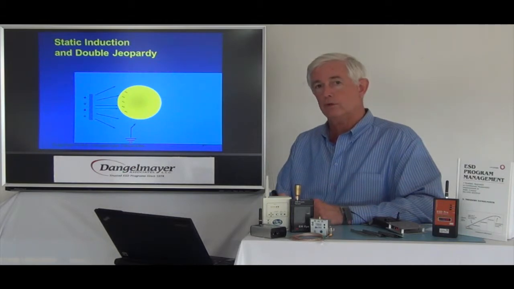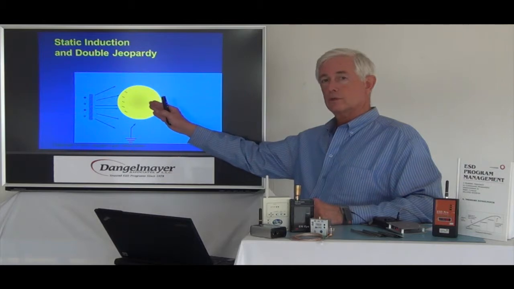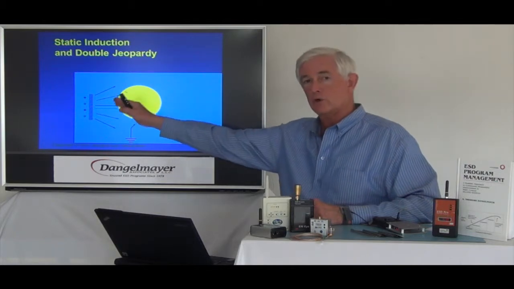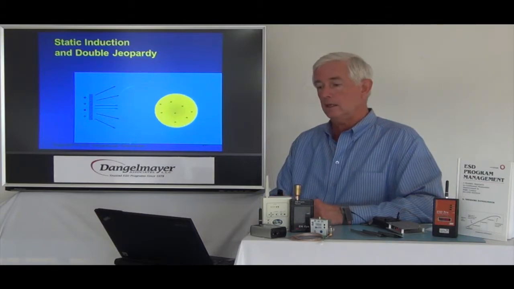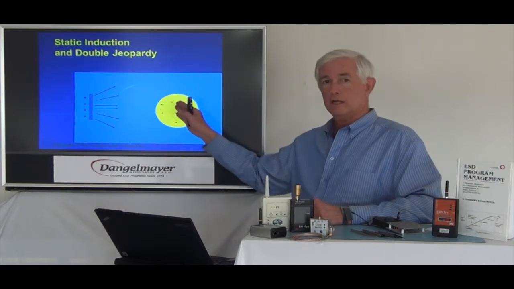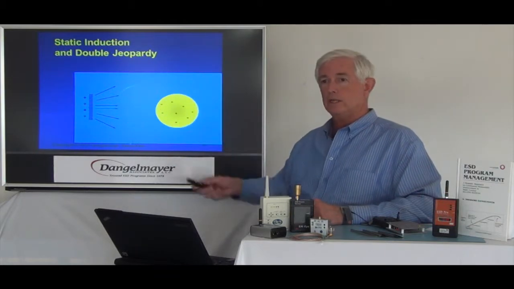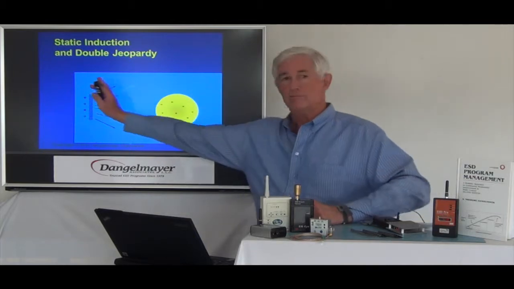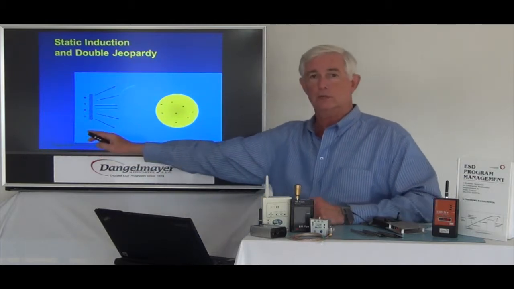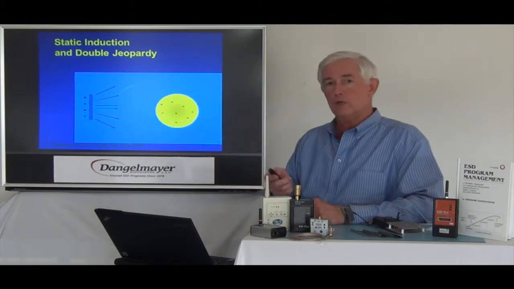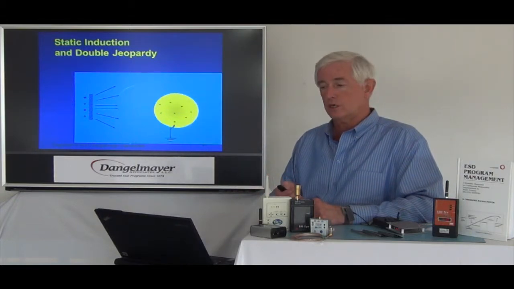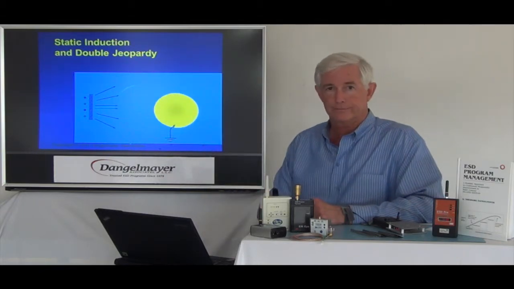Now, if we pull the charged source or separate the charged source from this metal disc, you'll see that it is still charged. There's still a charge residing on this disc, which means, even though the source is now effectively out of the scenario, this disk is still charged. And if we ground it now, we'll get a second discharge, which is commonly referred to as double jeopardy.